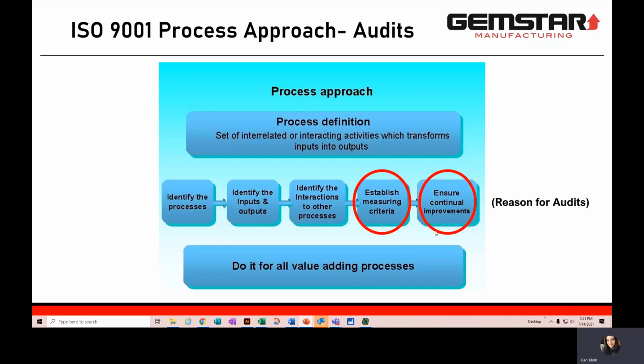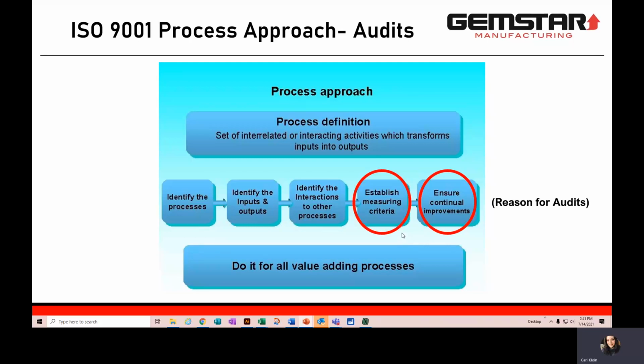And then these two red circles here, ISO says that we also have to establish measuring criteria. We have to evaluate our processes and go back and ascertain how well they're doing. The reason we do that is this last circle here. It's to drive continuous improvement.